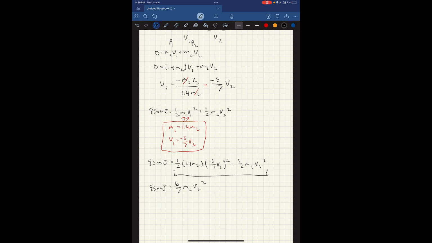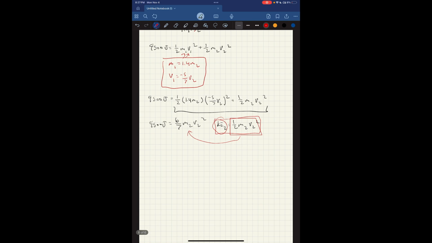At this point, we realize that the kinetic energy of mass 2 is 1/2 m2 v2 squared. We are trying to look for the kinetic energy of both masses. We will use this relationship to find its actual value.